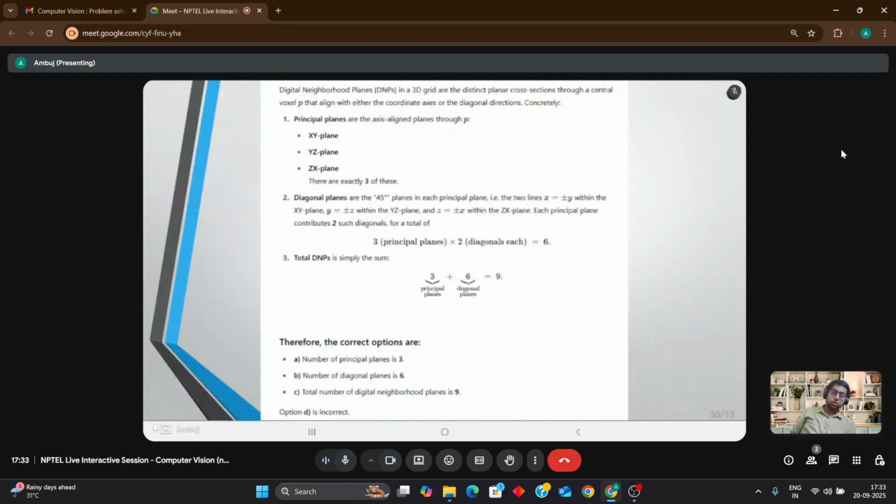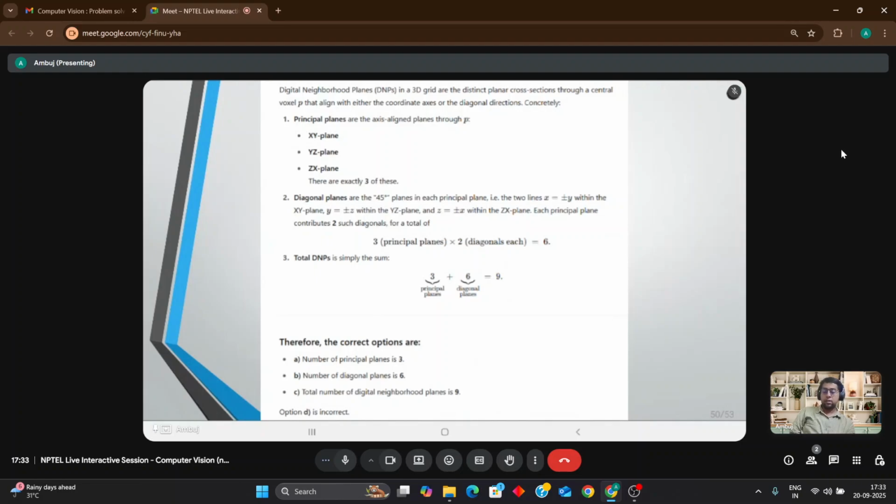The DNPs, or digital neighborhood planes, in a 3D grid are the distinct planar cross sections through a central voxel P that align with either the coordinate axes or the diagonal directions. Concretely, principal planes are the axis-aligned planes passing through P: the XY plane, YZ plane, and ZX plane. These are exactly three.